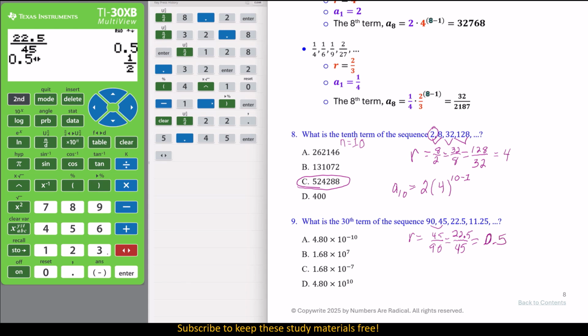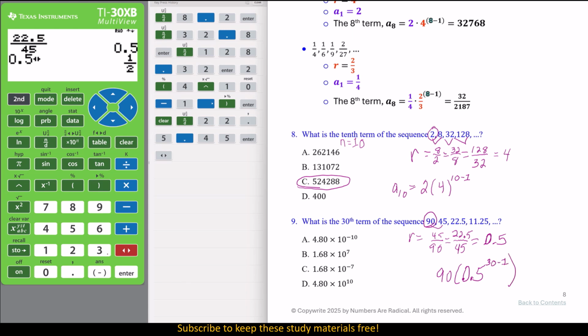Okay, so then we have a is 90, so we have 90 times 0.5, and then we have the 30th term, so we need 30 minus 1, okay?